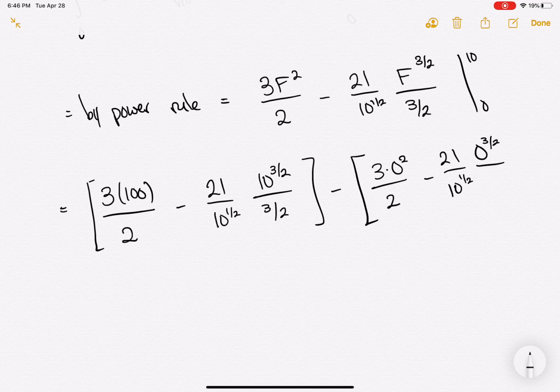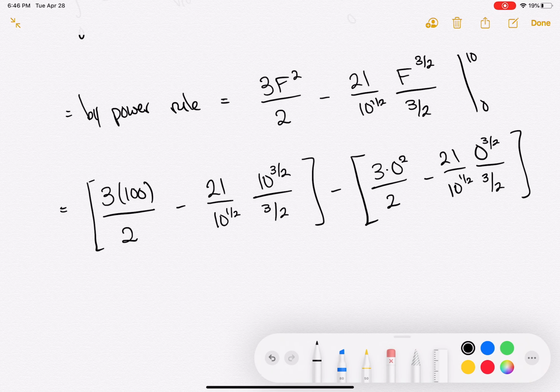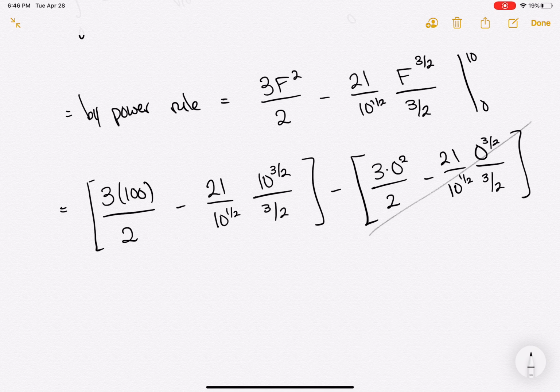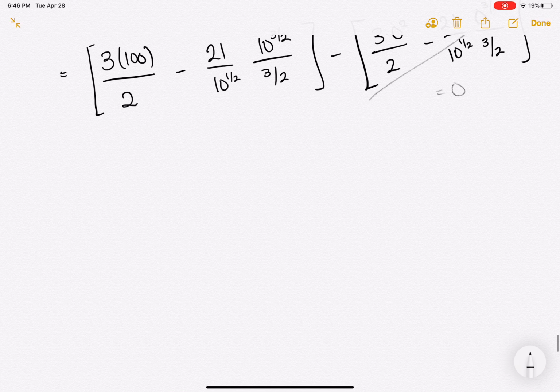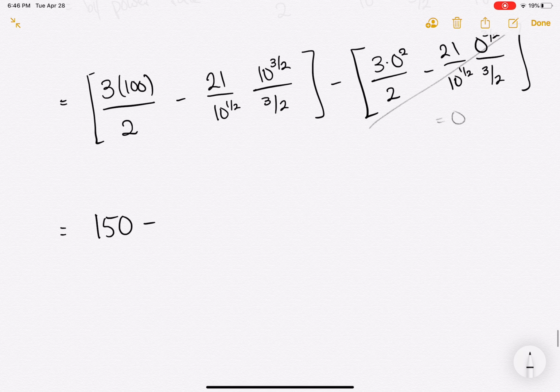Thankfully, 0 to any power is 0. This whole piece is 0 here. So we only have the first part, and that first piece simplifies to 150 minus, let's see what this piece simplifies to. You use your calculator, of course, you cheaters, but of course it's not cheating on this exam because it's open calculator.